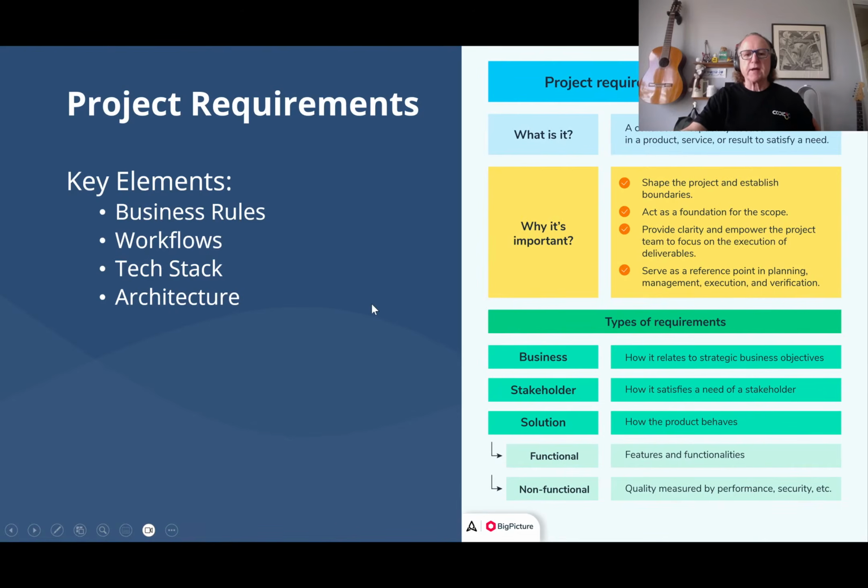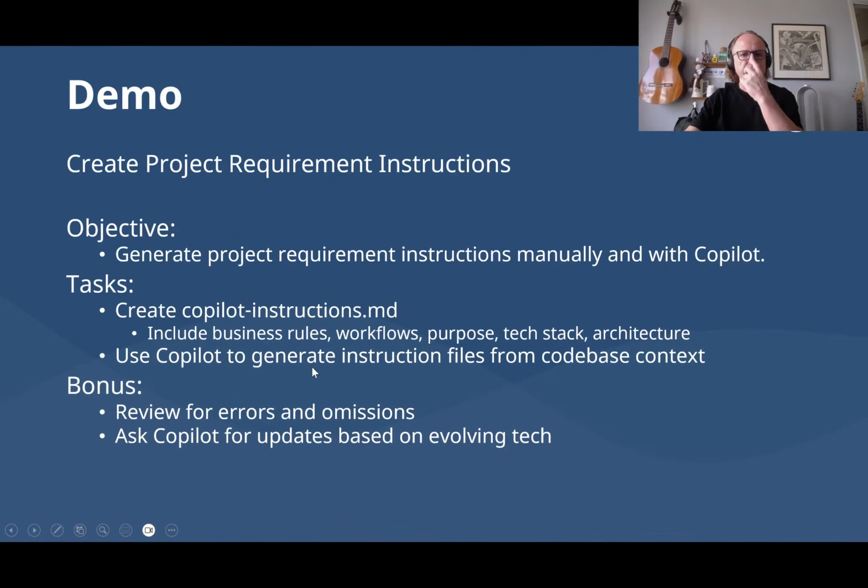Also, if you go into Wikipedia and look up software requirements, you'll see a whole list of different kinds of requirements that you could specify. But we're going to focus here on some business rules, some workflows, what the tech stack is, and what the architecture is, and try to spell that out as part of the definition of the application that we'll be creating.